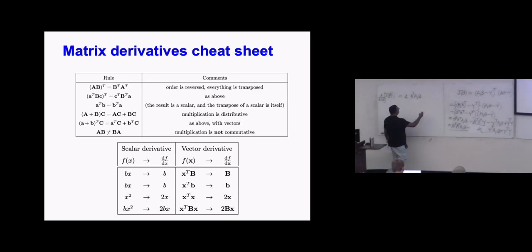What about this? What is the derivative of this term with respect to beta? What is the derivative of the second term with respect to beta?